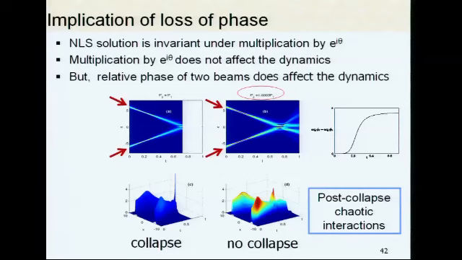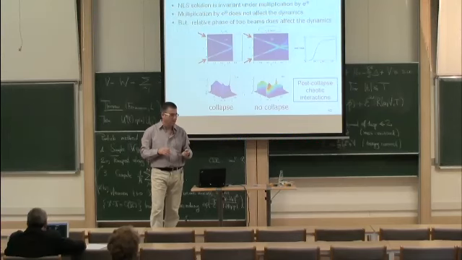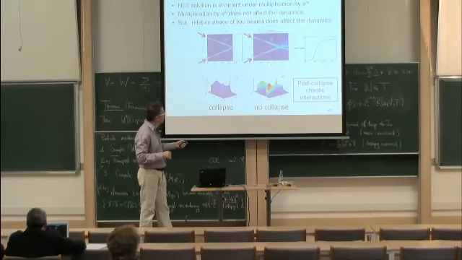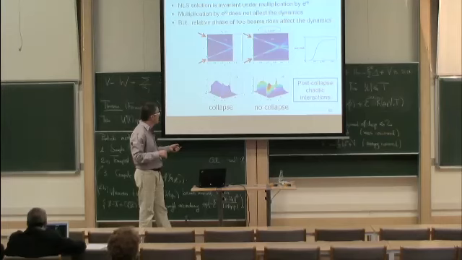So why is there this pi phase shift? Because of this high sensitivity of the post-collapse phase to infinitesimal changes in the initial condition. This loss of phase, post-collapse loss of phase phenomenon. But because they now come with this pi phase shift, it has an order 1 effect on the dynamics.